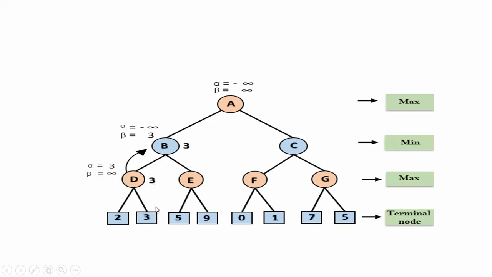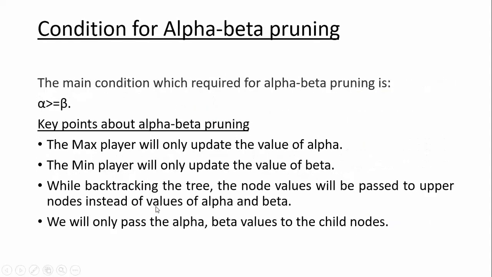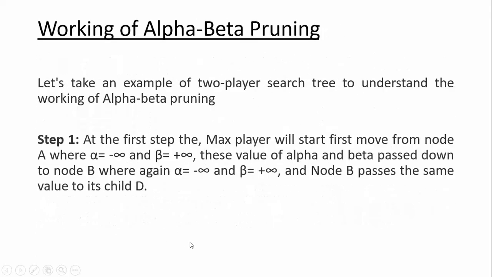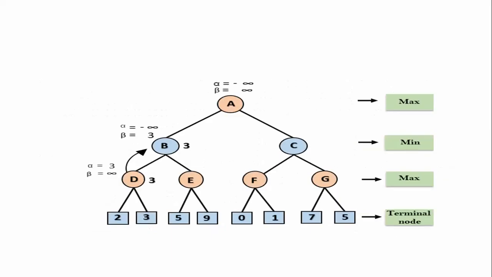So the value of D will be 3. I insist to you guys what is the previous point here. When you apply backtracking, the node values will be passed to the upper node. What is the upper node here? B is the upper node. What is the node value of D? 3.